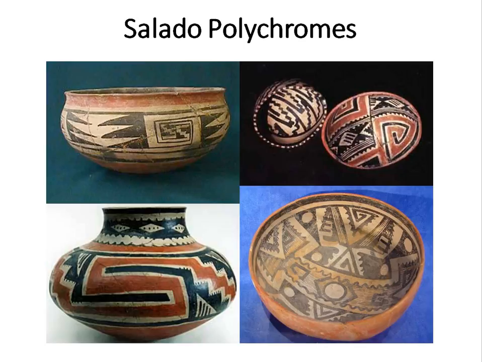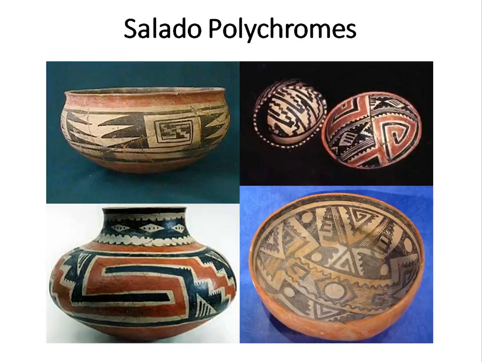In addition to changes in the production and exchange of plainware pottery, during the classic period, a new decorated style is introduced. Polychrome styles, ones that have more than two colors combined together. In this case, Salado polychromes have black and white designs painted on a red surface.